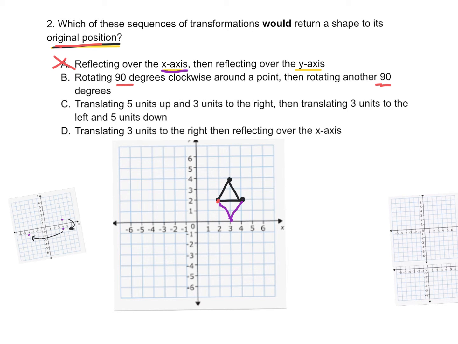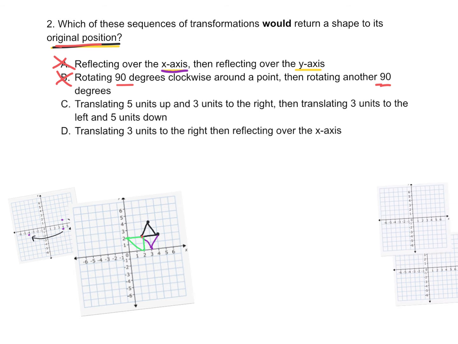And then I'm going to turn it twice, another 90 degrees. So it would end up being like here, like a 180. That's not quite right, but you can see it's not going to fit back inside itself. So rotating it twice would not work. I'd have to rotate it a full 360 degrees. So that one's out.